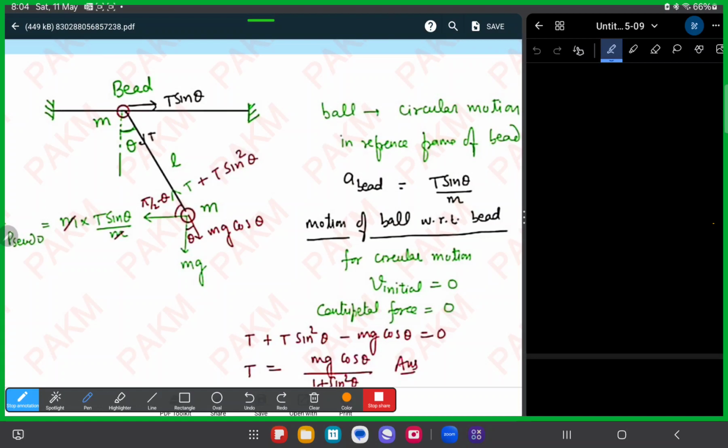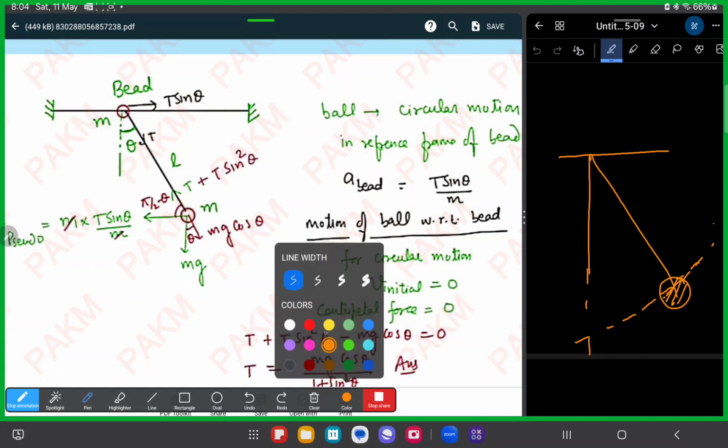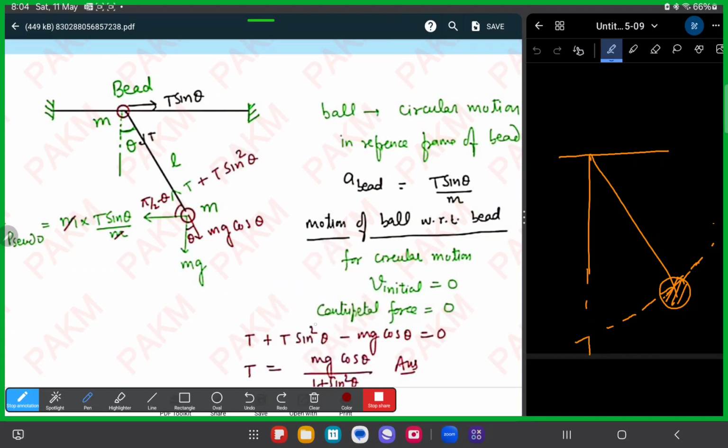Now if we resolve, this is the bead, this is theta. So if you start resolving, mg is acting downward, and the mg component is, this is theta, mg cos theta.